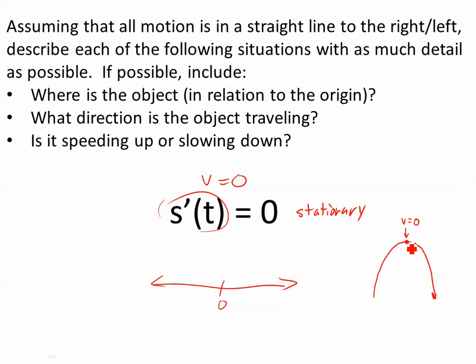It was slowing down as it goes up, and it was speeding up as it goes down. There's no way of knowing whether it's speeding up or slowing down at that point in time. Or, I guess it can't be slowing down. It's already going 0. But you can't tell whether it's completely stationary and staying stationary, or if at this point it's speeding up.